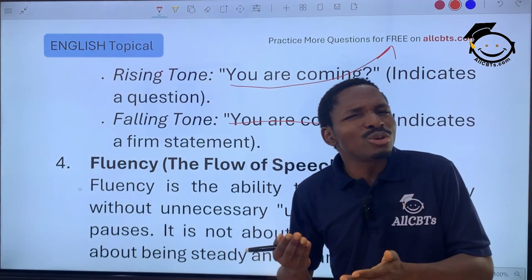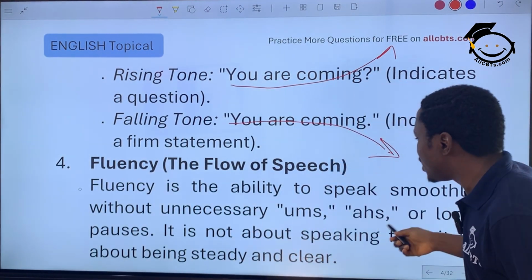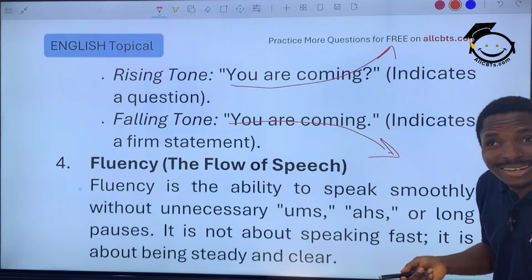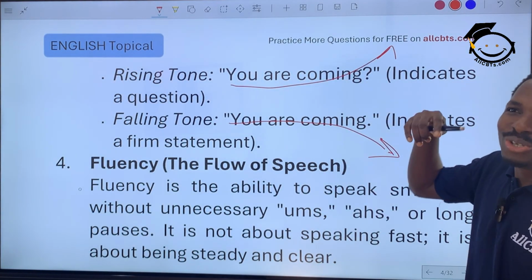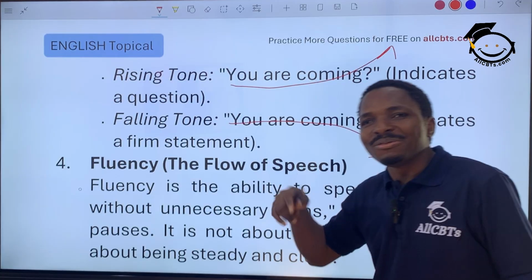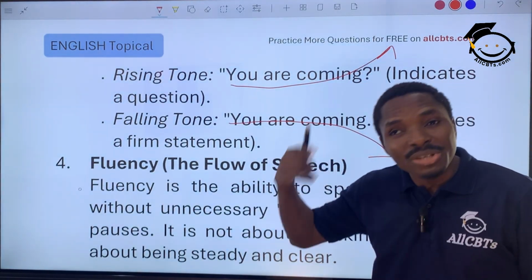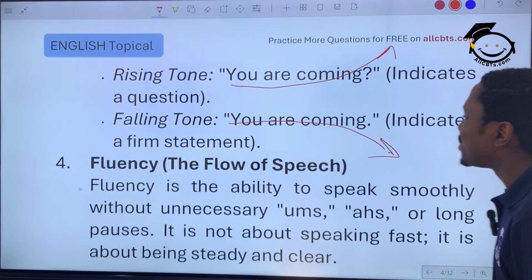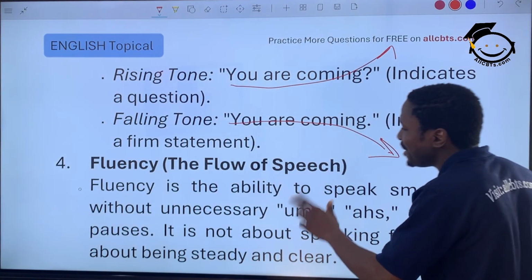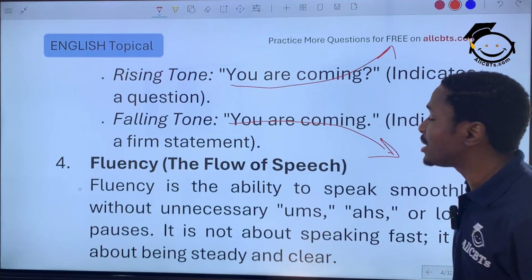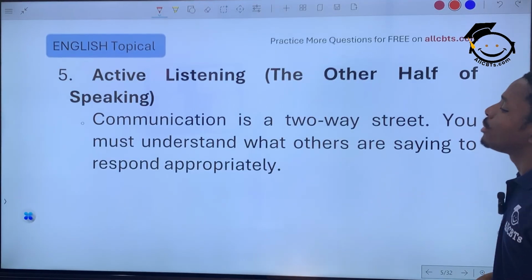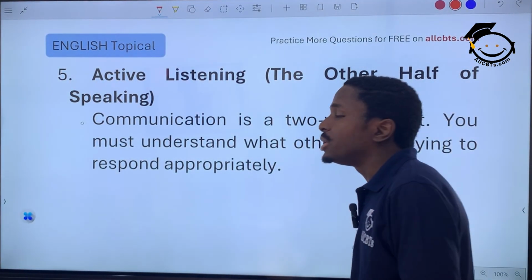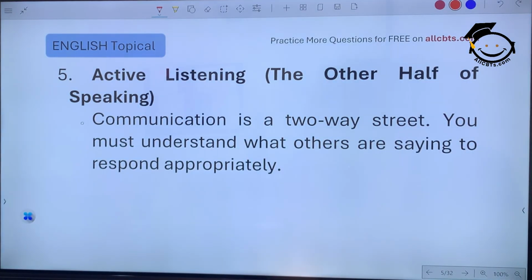If he attempts to talk too fast, he may begin to stumble, because you need to give your brain some time to process the next line of words. Is that clear? So fluency is a very important factor to note in correct oral English or oral communication.